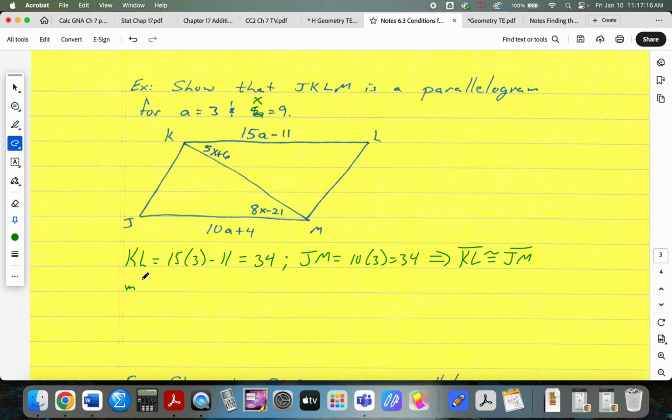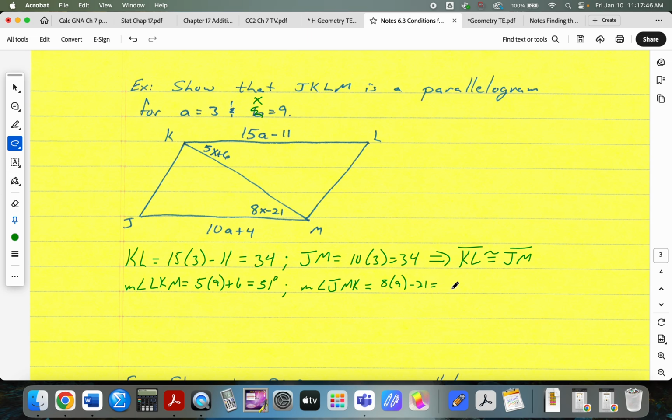So the measure of angle LKM is going to be 5 times 9 plus 6, is 51 degrees. And the measure of angle JMK is going to be 8 times 9 minus 21.